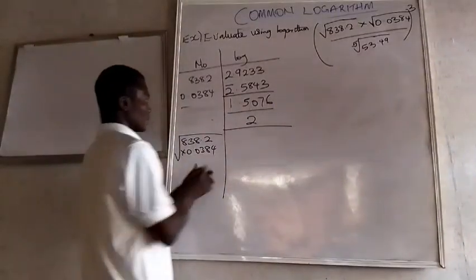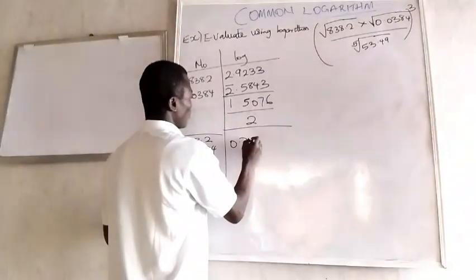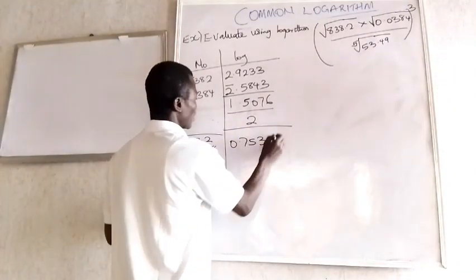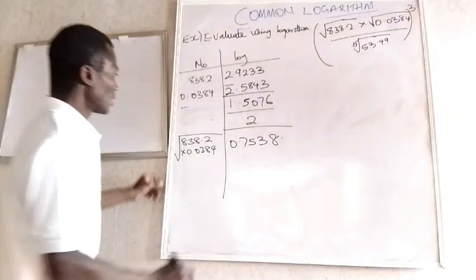So what does that give us? It gives us 0.7538. So we have worked out the numerator.